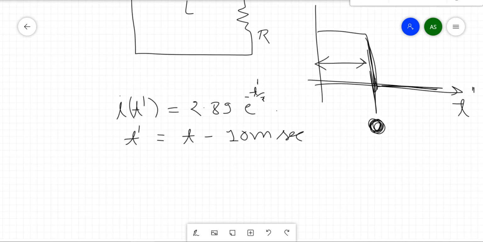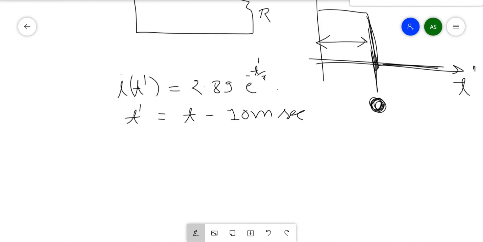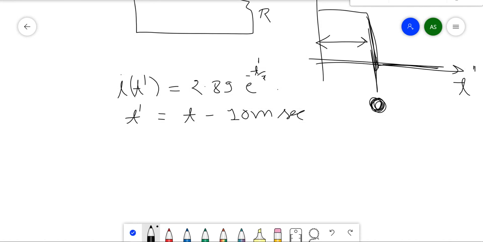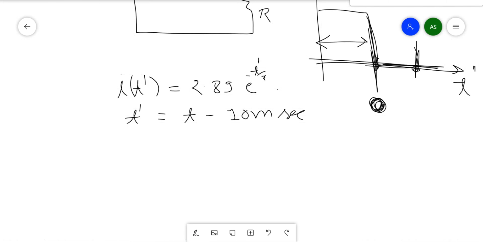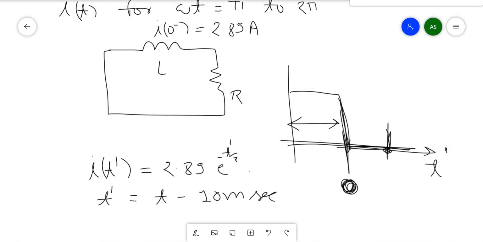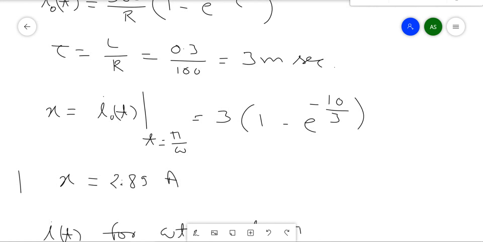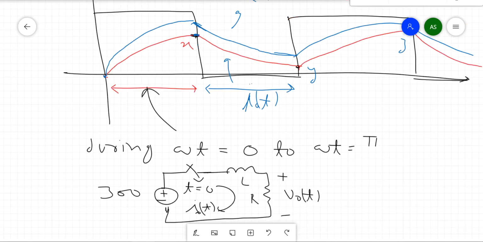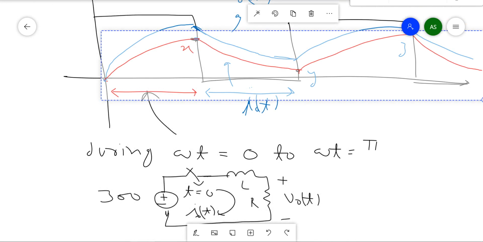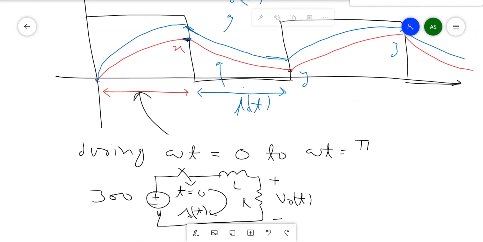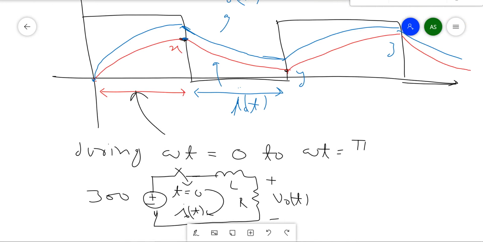So in order to calculate y, how we will calculate y? y is the value of current at t equal to 20 millisecond.